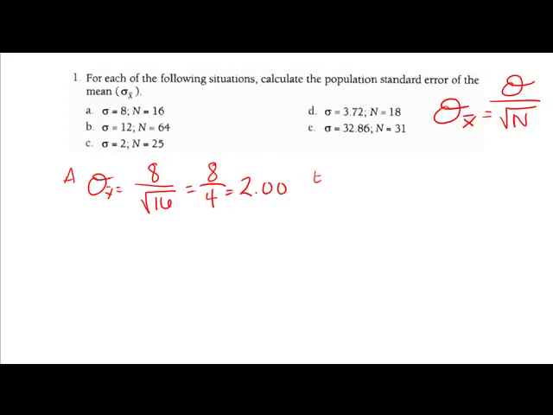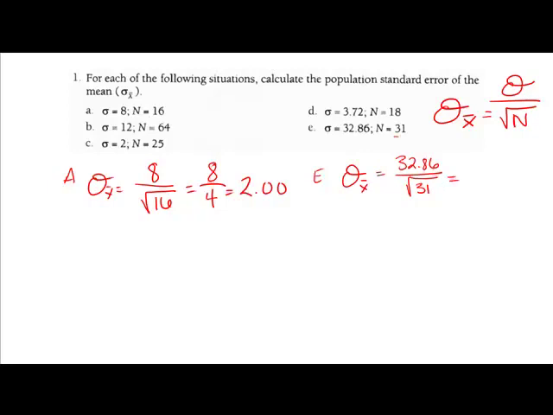So let's do E. The population standard error is equal to the population standard deviation, which is 32.86 divided by the square root of n, which is 31.